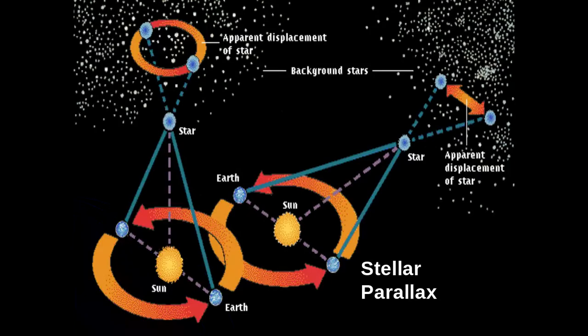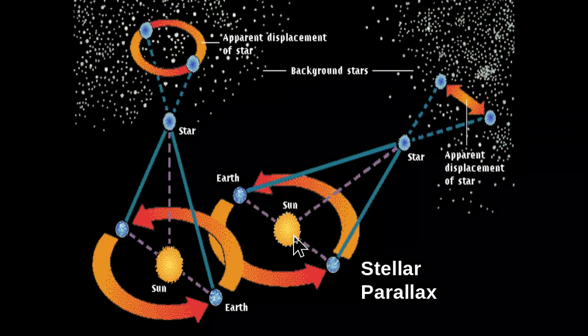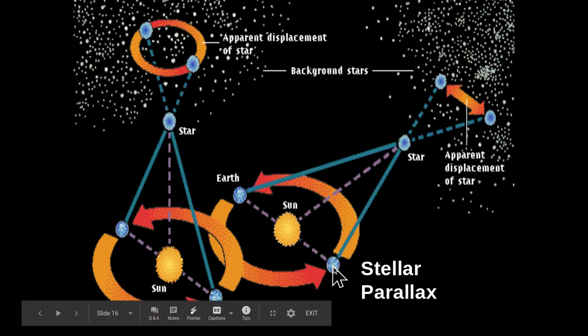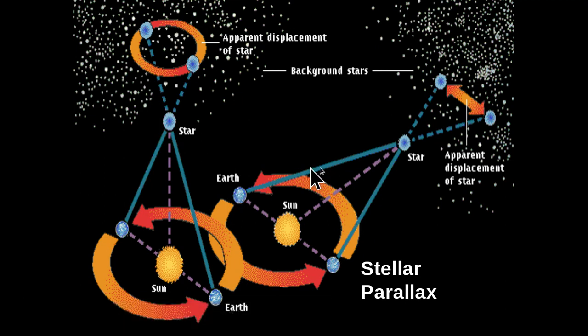And so this slide here is just another example of interstellar parallax. Here you have the sun, you have the Earth in this position. 6 months later, the Earth is in that position. You watch the star, you should be getting a parallax, you should be getting a displacement, but you don't. So in my analogy earlier, the sun would be your nose here.